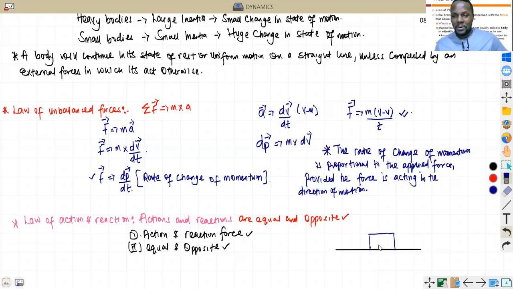Now, a force is applied to this body, in this direction, diagram not drawn to scale. I hope you can see this. This is the force applied to the body. When the force is applied to this body, there will be a restoring force, which we call the reaction. It will also come like this.